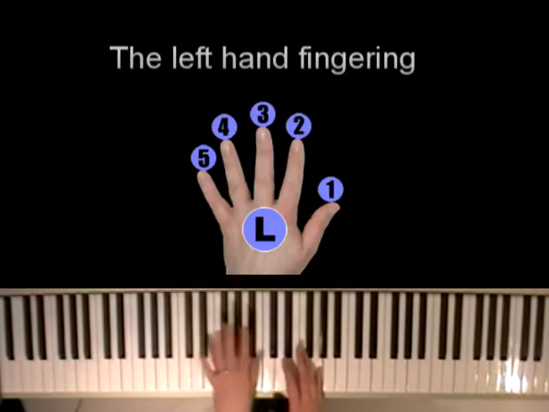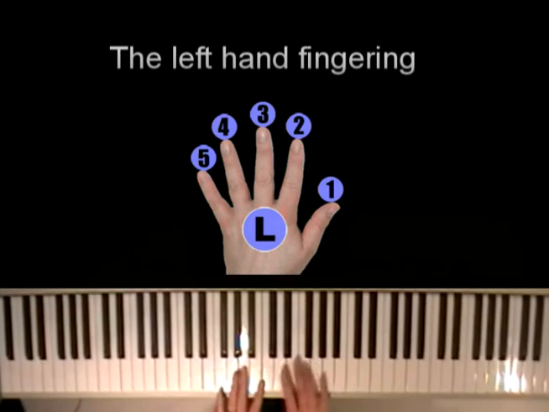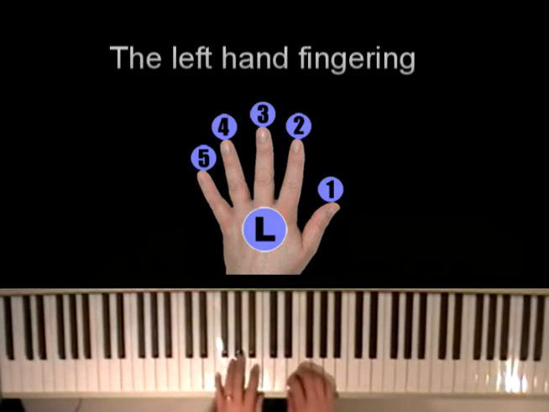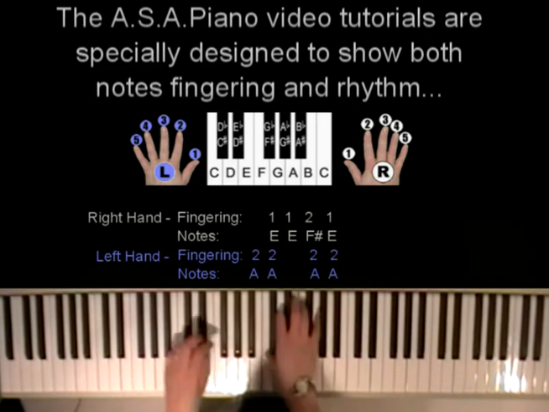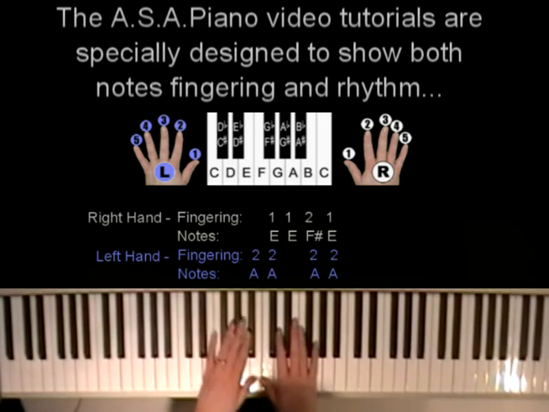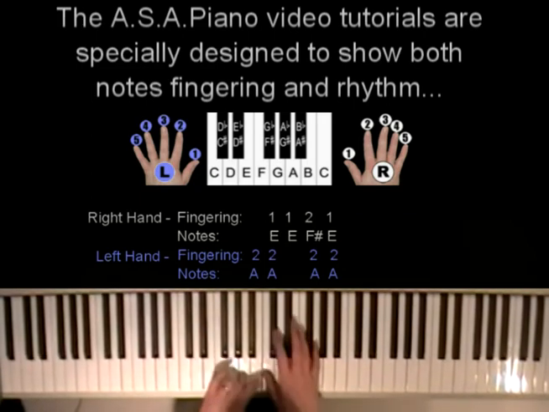Left hand, again, 1 is your thumb, 2 is your index, 3 is your third, 4th is your 4th finger, and 5th is your pinky, okay? So when you see them numbers on our videos, try and use the advisable fingering guide if you can, okay?